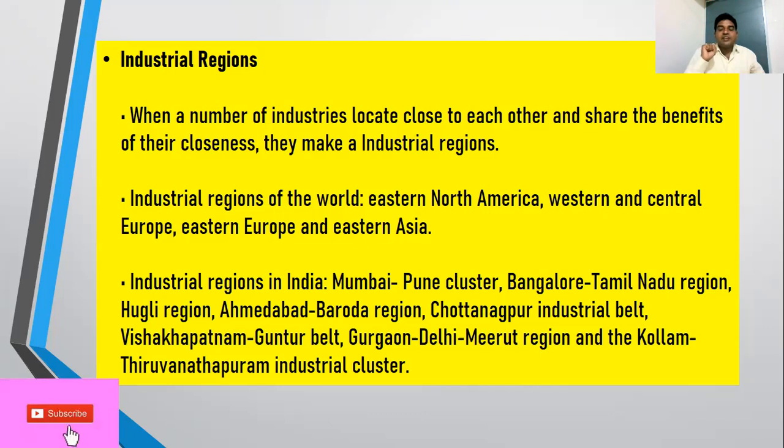Especially the China region and Japanese region are considered the most industrialized areas. When industries are located close to each other in a given area, if you find a large number of industries located close by, that particular region is called an industrial region.